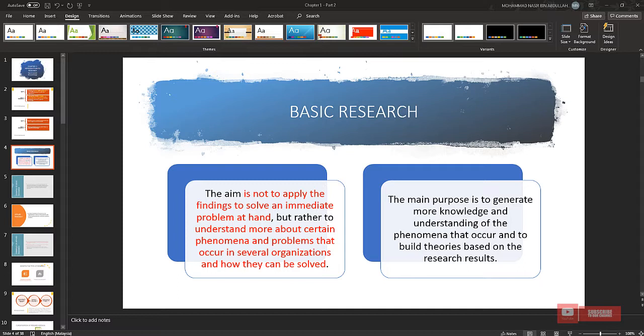Basically, the definition of basic research is when the solution to the research problem has no apparent application to any existing practical problem, but serves only the scholarly interest of a community of researchers. That is basic research.